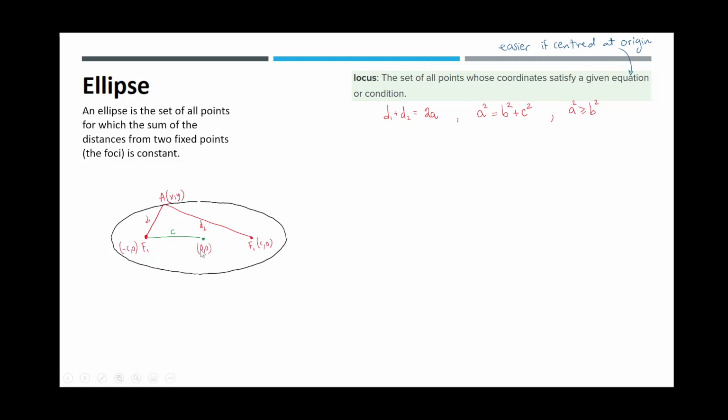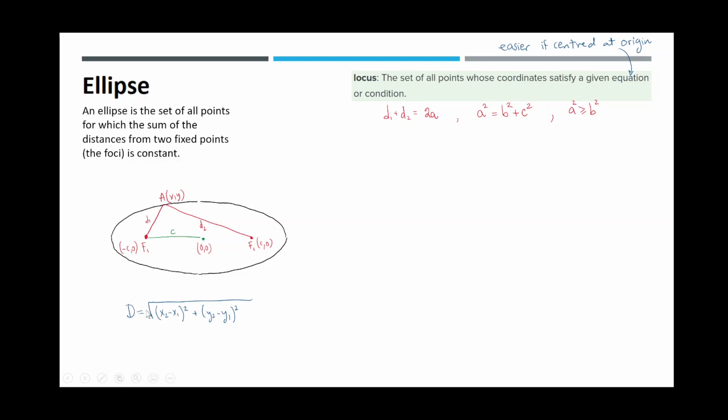If this is the center, (0, 0), then one of the focal points is going to be at (c, 0), because it's just c to one side, or negative c to the left of the origin. And then the point up here, which could be moved all the way around this black ellipse, this point A, we'll just keep as general x and y.